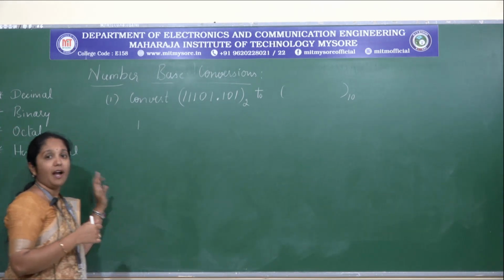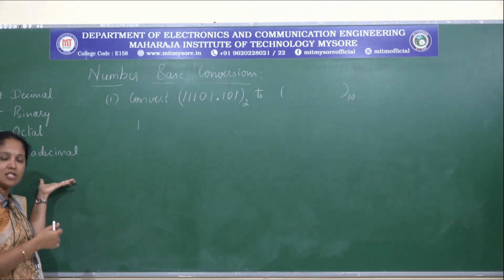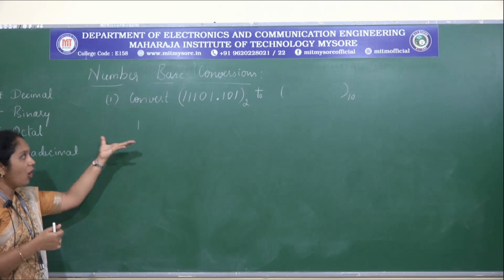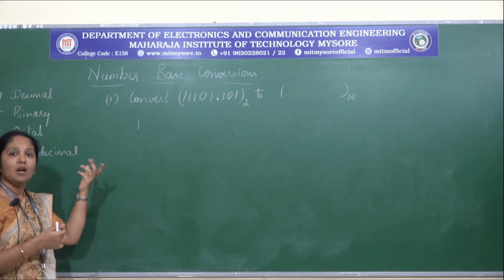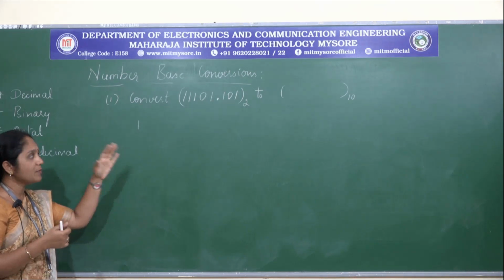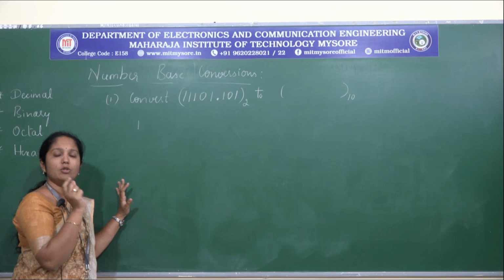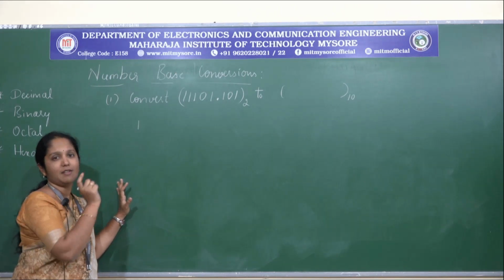Similarly it is true for octal and hexadecimal also. If you consider any octal number, you express it in expanded form, and after expansion, the value you find is the decimal equivalent of that given number.